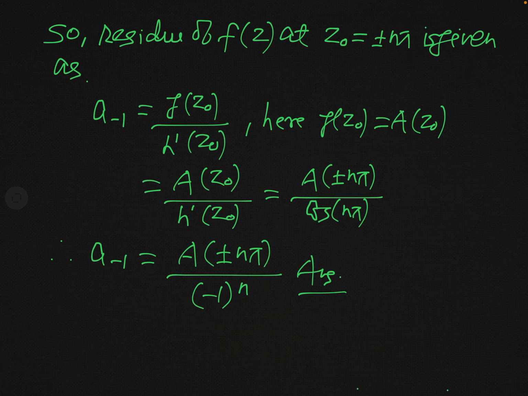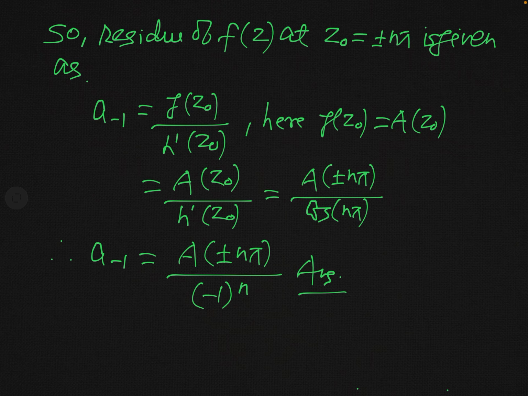Actually here I have mentioned the formula which we have used in the development of the theory to calculate the residue. But in this problem you can see this g of z naught will be simply a of z naught. So what will be this? This will be a of z naught over h prime of z naught.